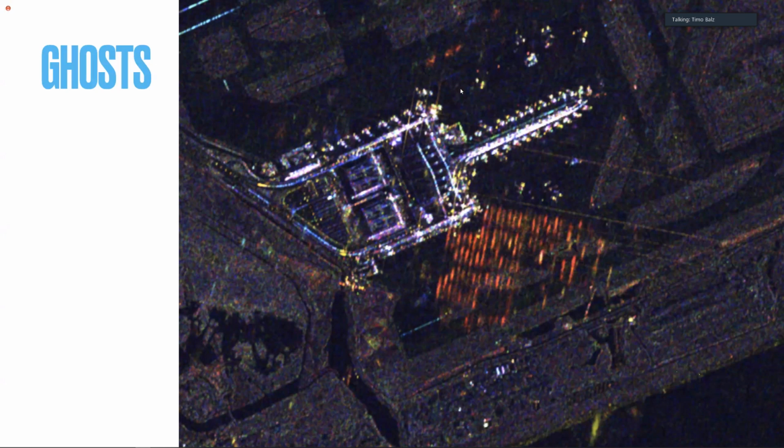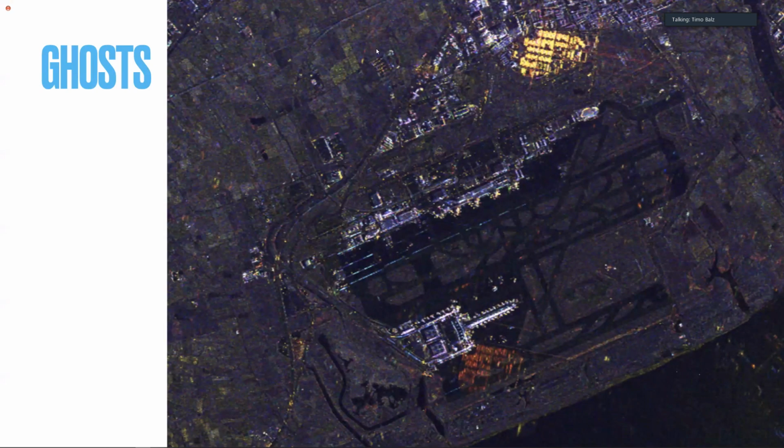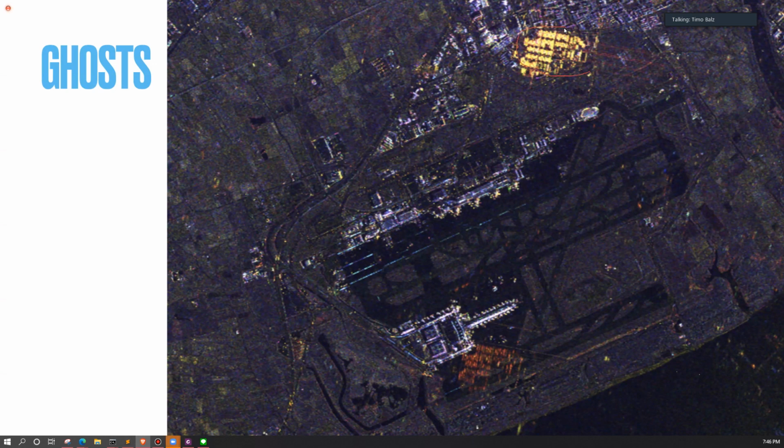However, when we looked longer and more closely at the scene, we can identify the true source of that problem. And that is actually that area here. So here we see some built-up area that reflects very, very strongly for reasons that I do not know.